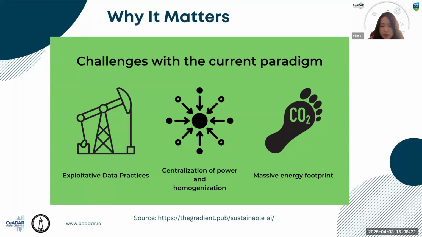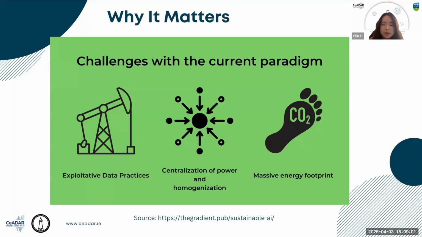And the second, AI is mostly controlled by a few big companies. They have the money, they have the data, and the computing power, which leads to centralization of power. So smaller teams or researchers can't compete, and that makes the AI world less fair and less diverse. And third, large AI models use a huge amount of energy.